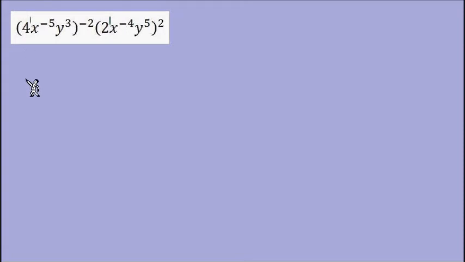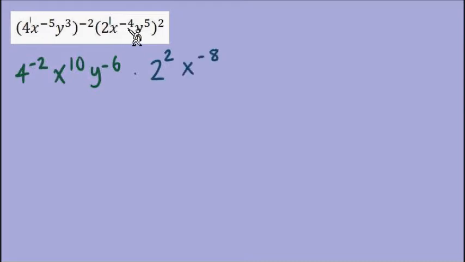That will take us to 4 to the power of negative 2, x to the power of positive 10 when we multiply negative 2 times negative 5, and this will be y to the negative 6. This set of parentheses, we're working in a positive 2. This will make 2 to the power of positive 2, x to the power of negative 8, and y to the power of positive 10.